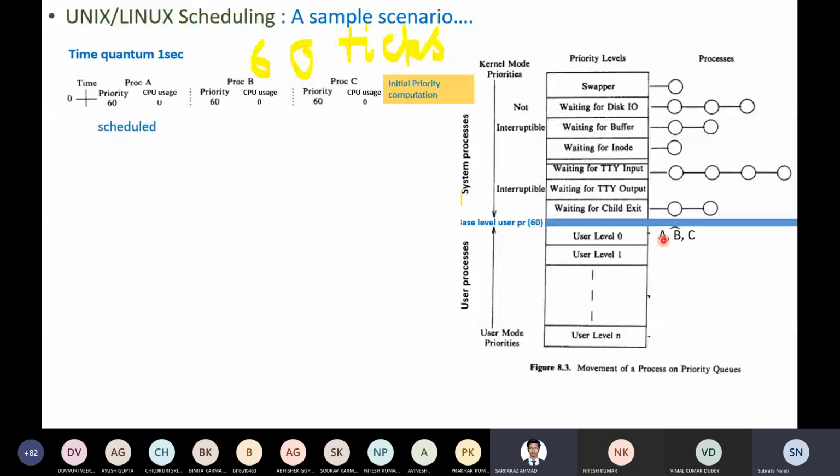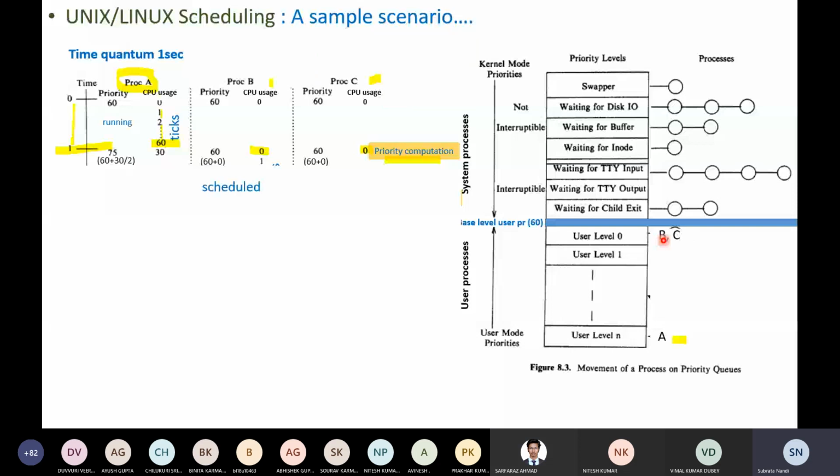Yes, sir. So now once a particular time quantum has elapsed, ticks are accumulated for the currently running process, which is trivially the foreground process. So it accumulates 60, which is divided by 2, and becomes 30, because after the time quantum, no matter what your CPU usage is, it will be divided by 2. So it will be half, and 0, 0 for the others, and then the computation is performed.